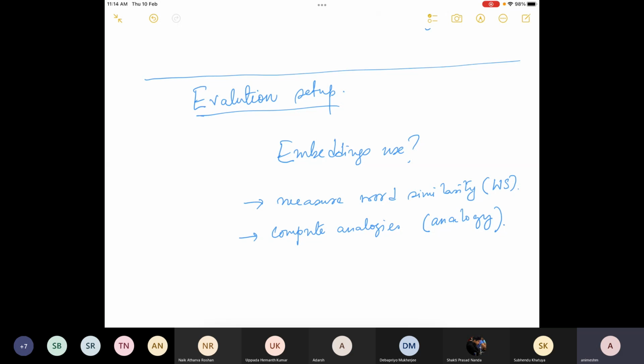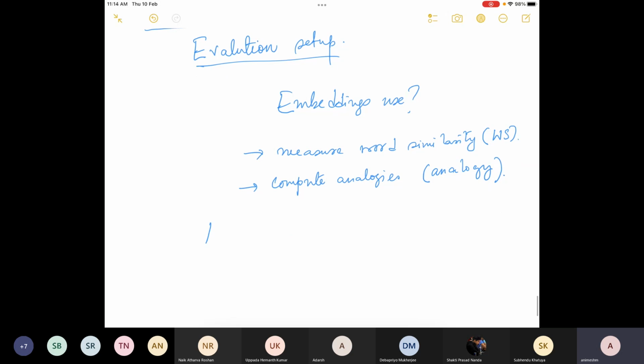So after the re-embedding, what should one expect?